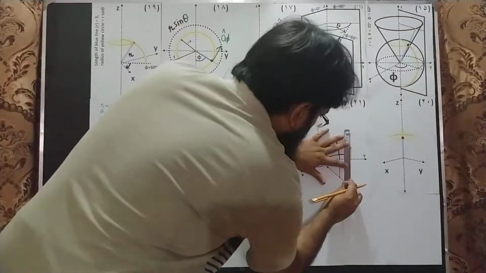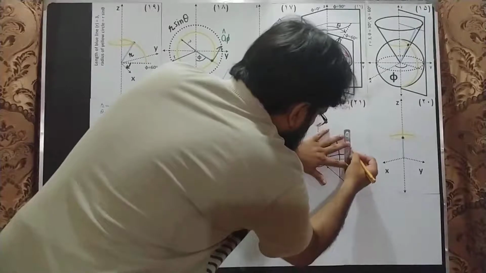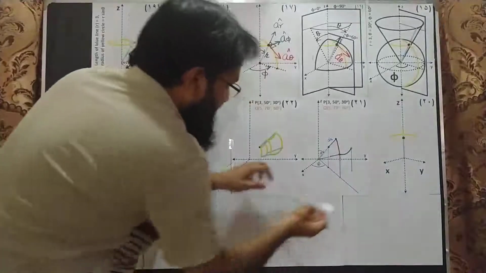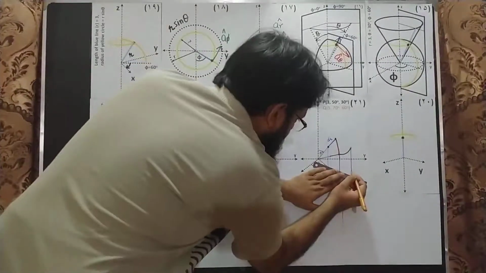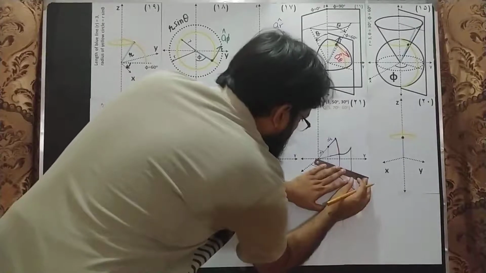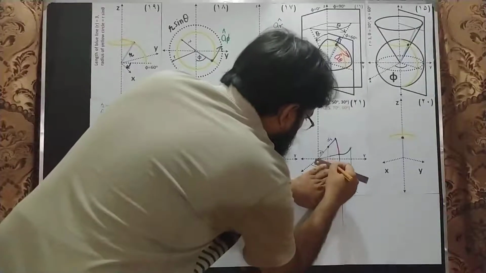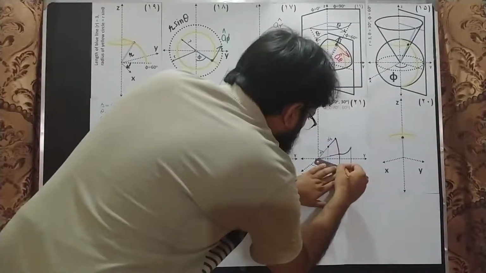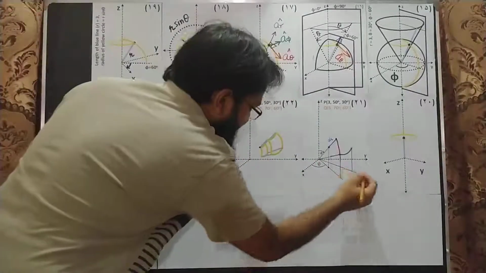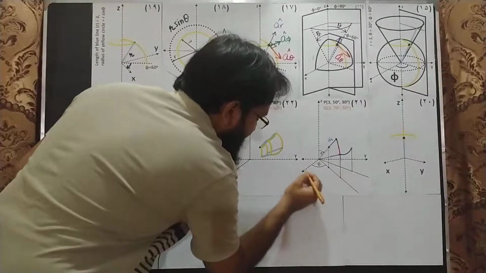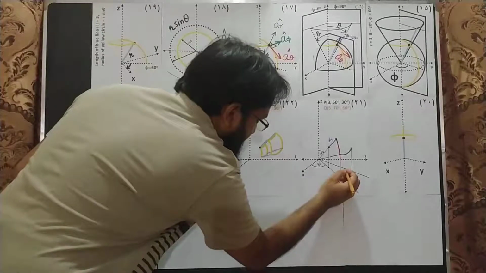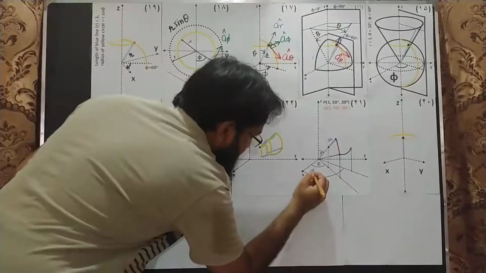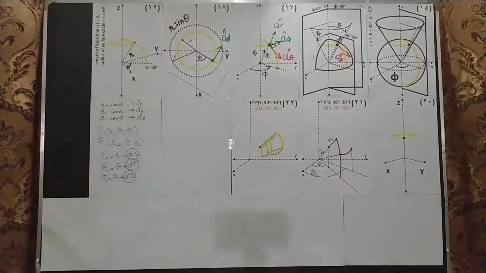But at this new point, after moving d phi units in the direction of a phi, if I drop a perpendicular, I would land on a different point, and if I join this different point with the origin, this new line is making an angle phi 2 with respect to the x-axis.